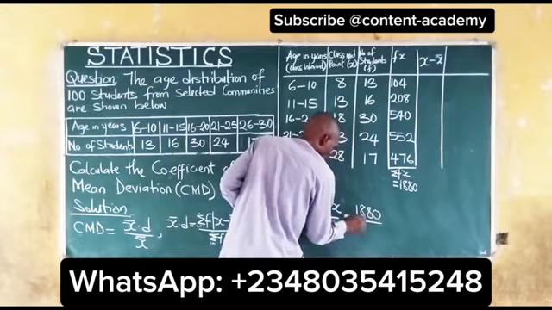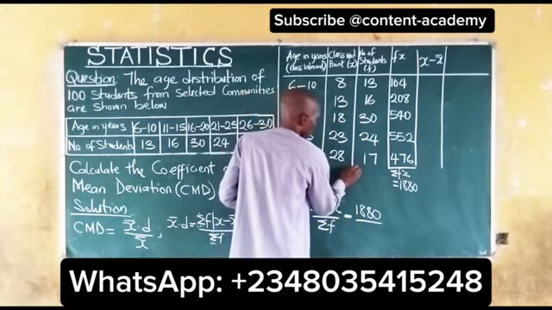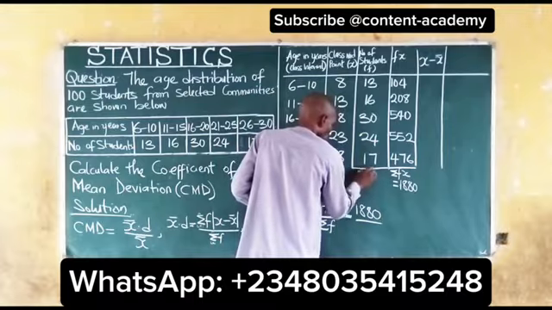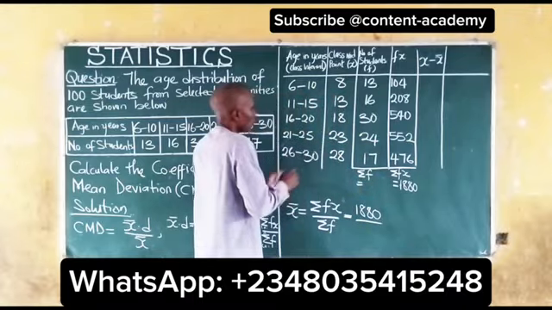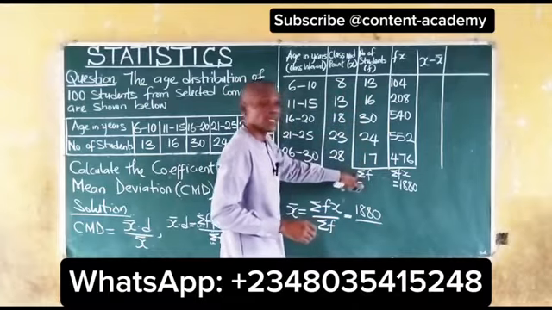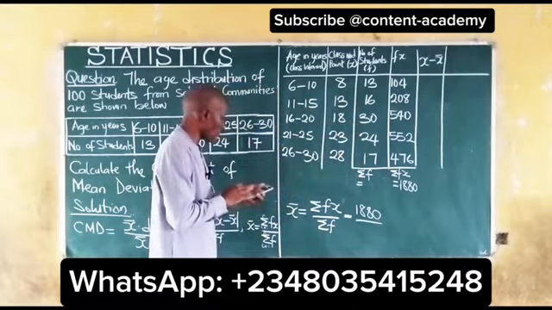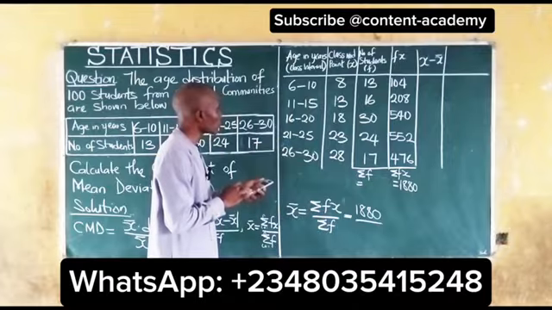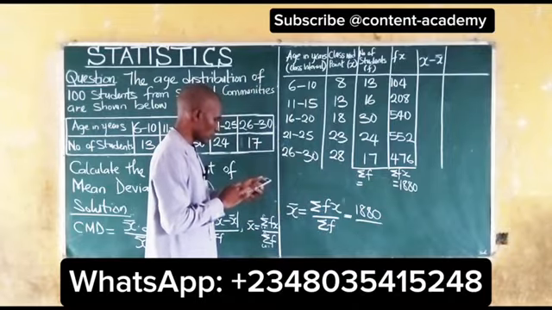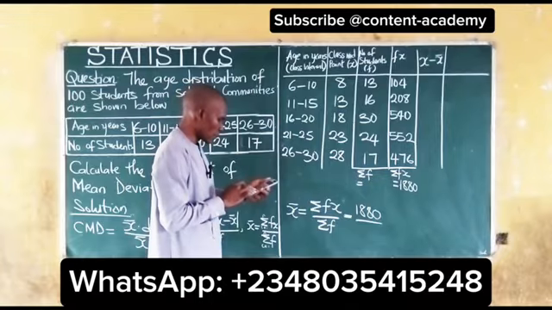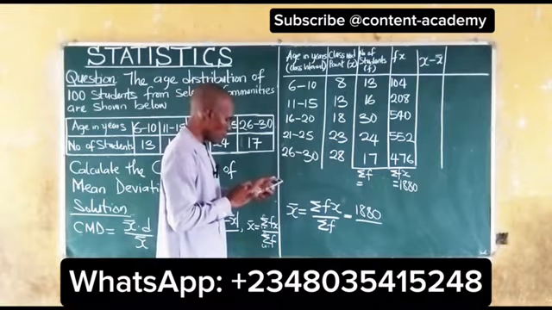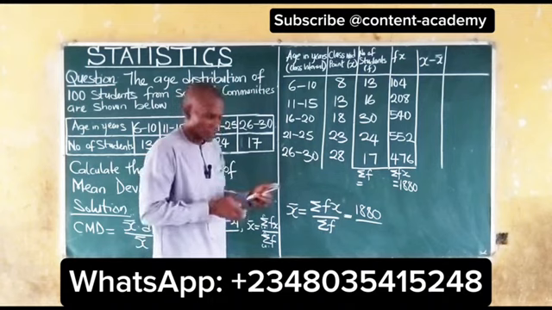1880 divided by, what is our summation of f? Summation of f will be equal to, now we add everything here to get the sum of f. That means the sum of our frequency, which is 13 plus 16 plus 30 plus 24 plus 17.